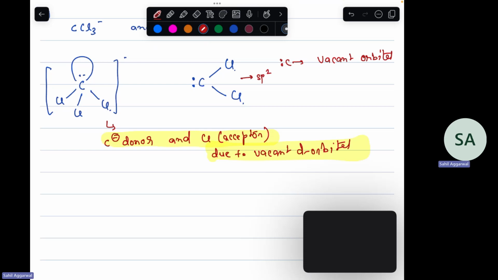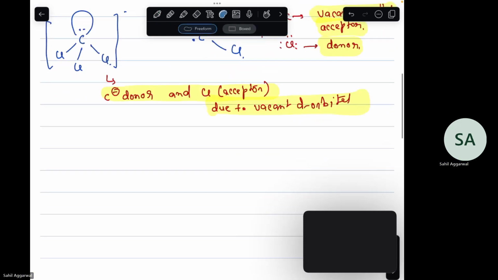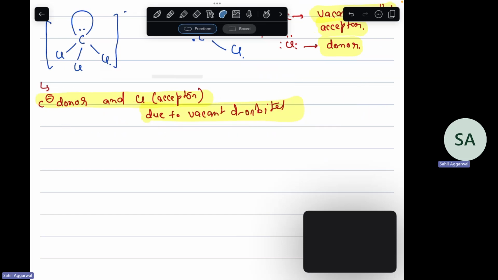This will be acceptor, and Cl has lone pair, so it is donor.